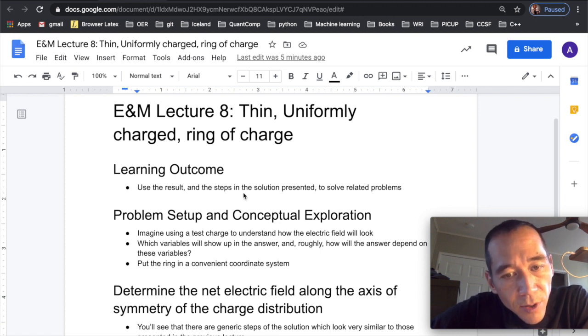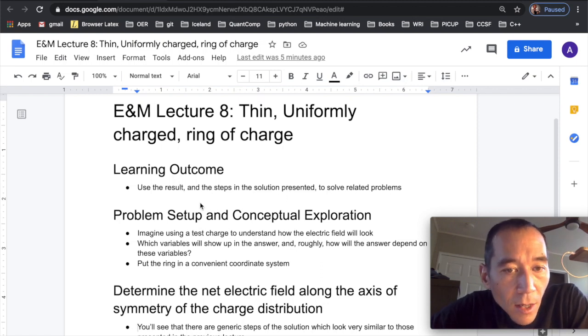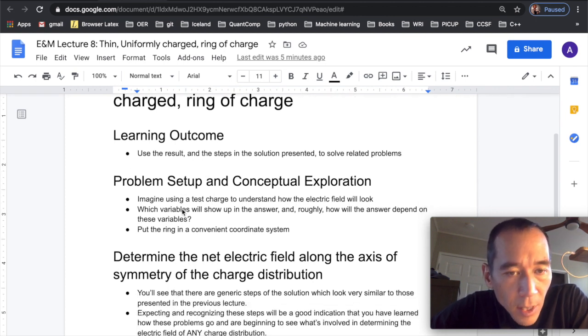And you'll be able to then use the solution, that is, the steps of the solution, to solve related problems.